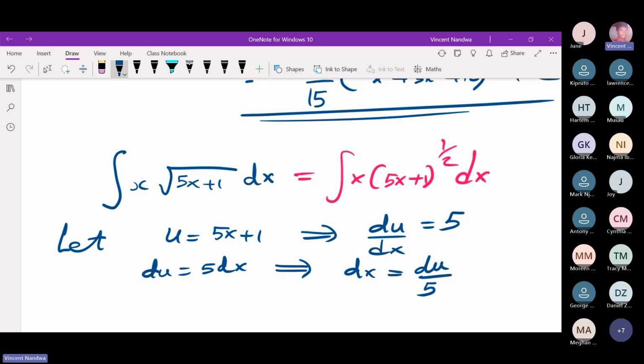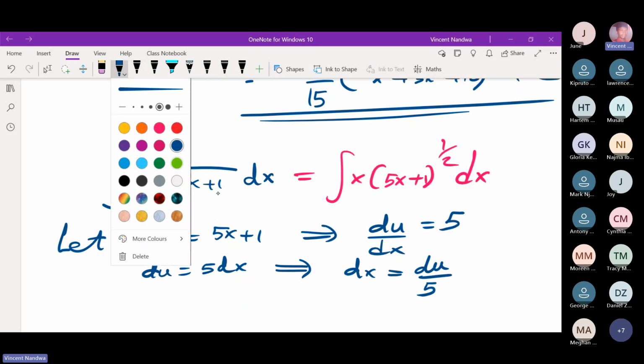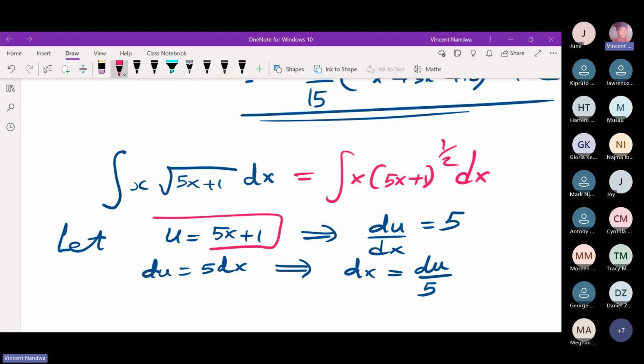So note that when we replace dx by du, we will not remove this x which is outside the square root sign. But the beauty is that after fixing u to 5x plus 1, we can actually solve for x in terms of u. So what is the value of x in terms of u?